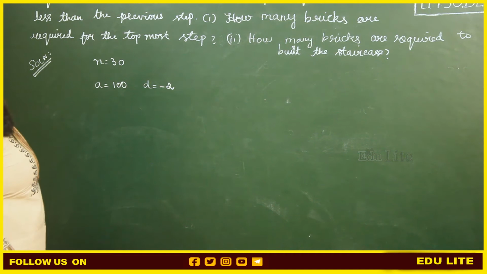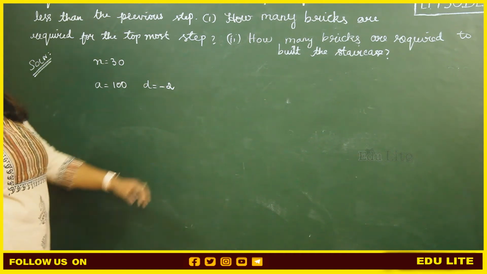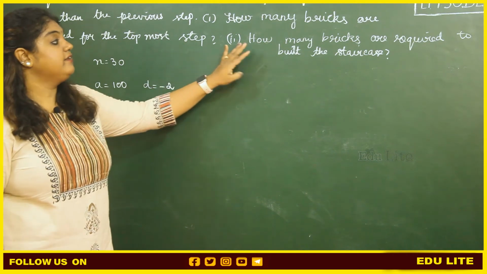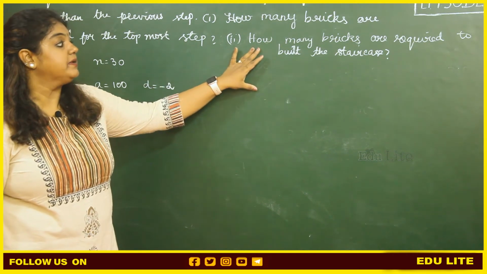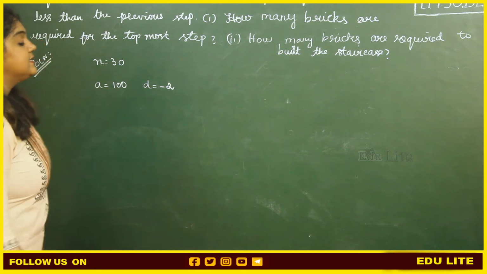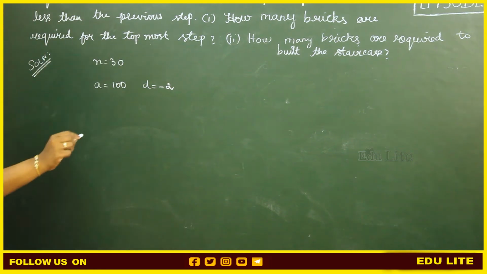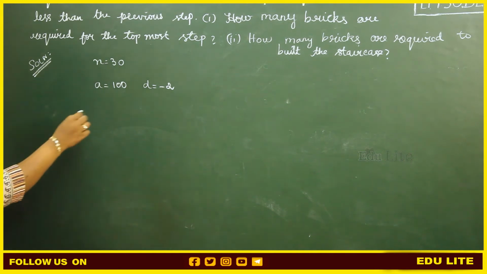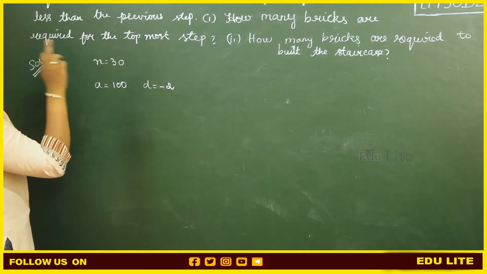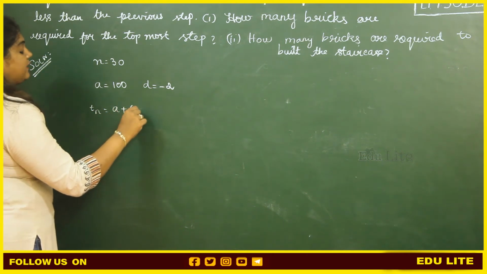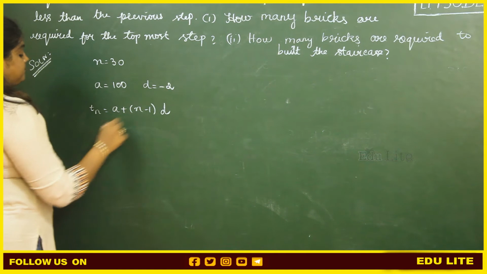Now what we have to find is how many bricks are required for the topmost step, and second, how many bricks are required to build the staircase. Let us find both. First, we need to find how many bricks are required for the topmost step, that is the nth term, Tn is equal to a plus n minus 1 into d.